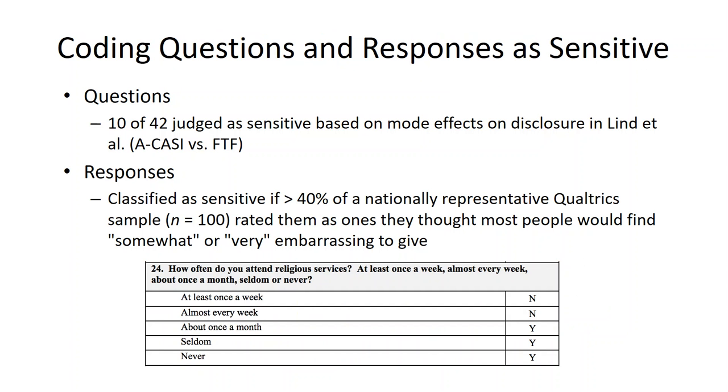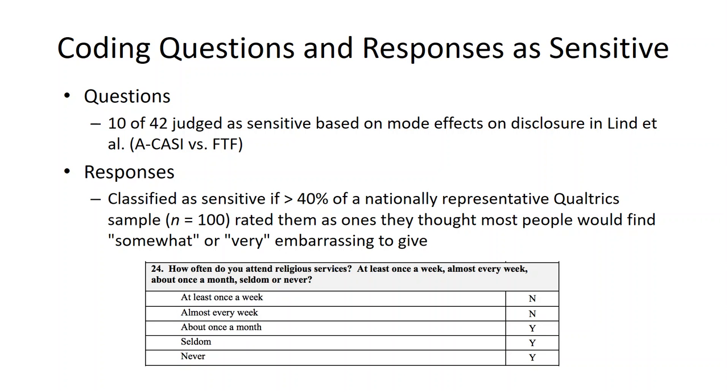In order to decide which questions and responses were sensitive, this is what we did. 10 of the questions were categorized as sensitive based on mode differences on disclosure in the Lindenthal study, which, as I mentioned earlier, was conducted in a similar lab context using a sample of New York City Craigslist respondents. Responses were classified as sensitive if more than 40% of a nationally representative Qualtrics sample rated them as ones they thought most people would find somewhat or very embarrassing to give.